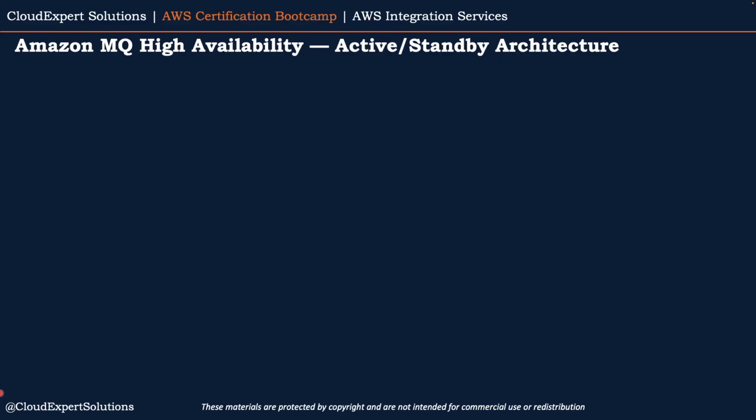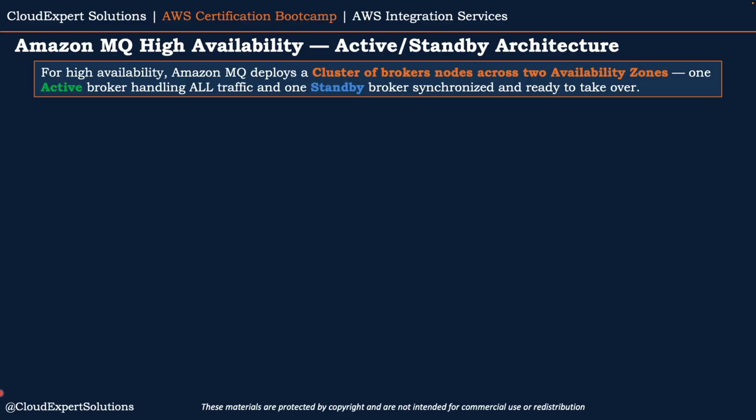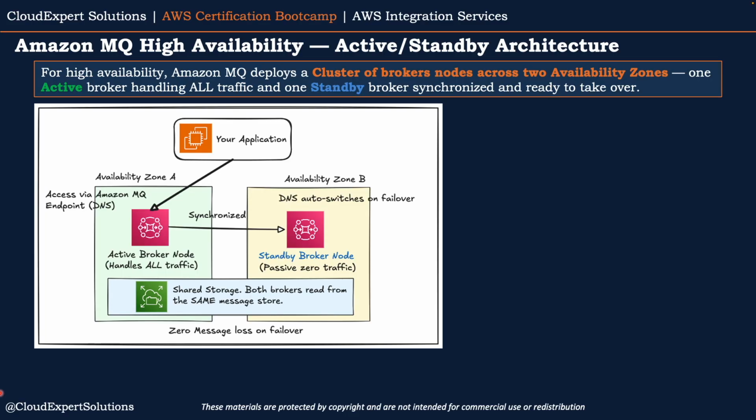Now, active standby high availability for Amazon MQ. Let's make this quick and precise because the exam tests it in a specific way. When you configure Amazon MQ for high availability, you get a broker pair: one active broker in one availability zone handling all of your messages, and another standby broker in a second availability zone which is synchronized with the active and ready to step in. Here is the architecture.